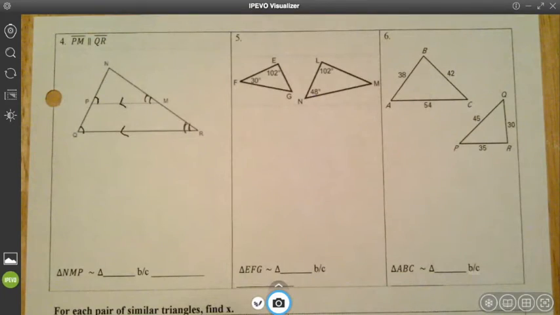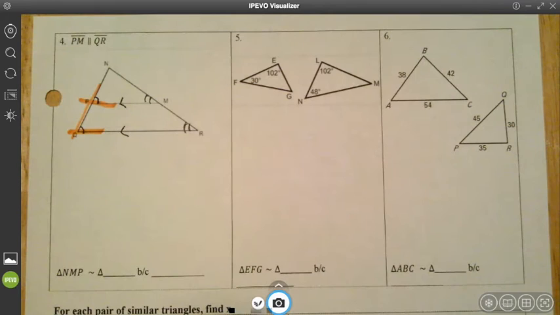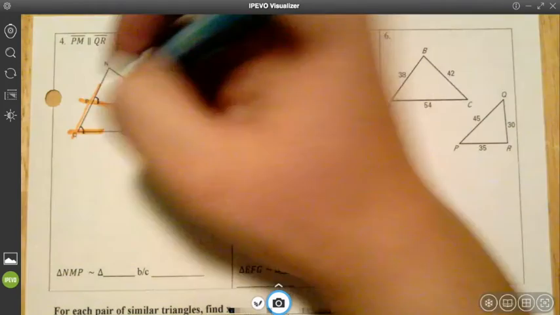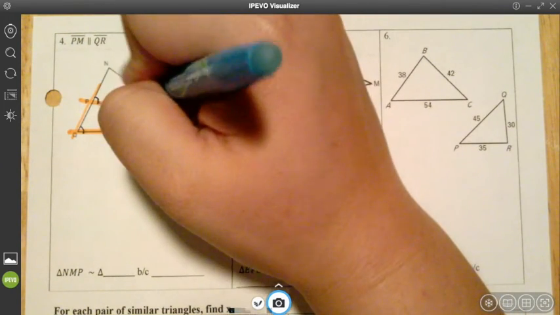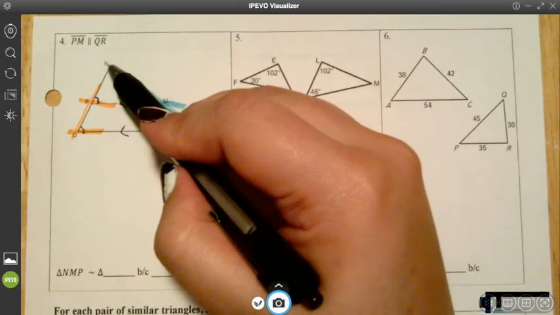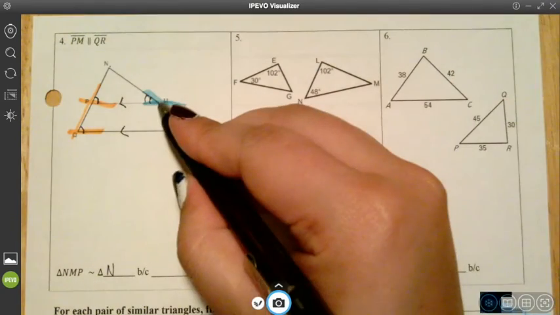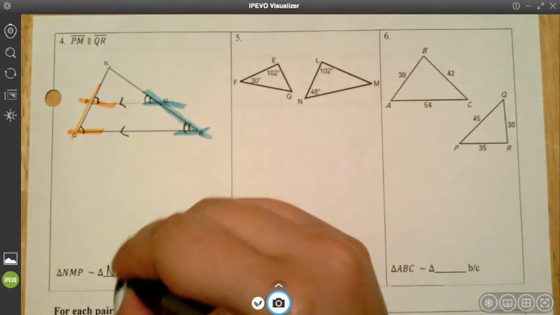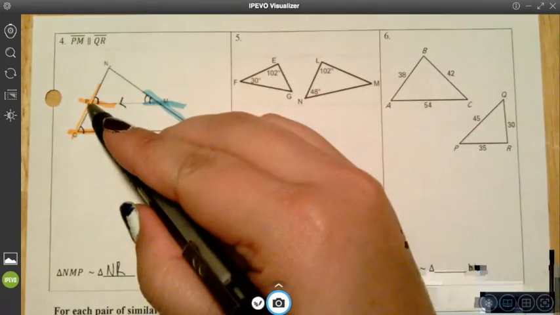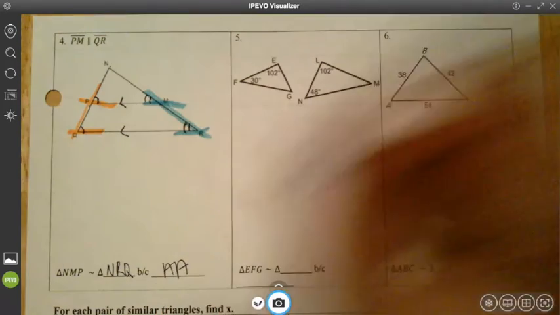I can draw the lines here. The transversals might help you start being able to see it. So N corresponds with N, M corresponds with R, and P corresponds with Q. That's by angle similarity.